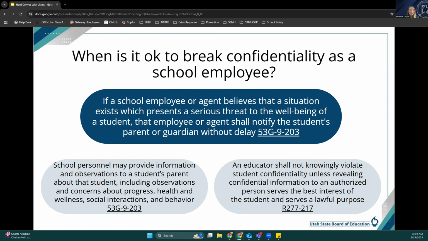In the school setting, it can be tricky to maintain confidentiality, but these laws are actually here to protect you as individuals. Just remember to follow the code of ethics, and you can be a collaborative action towards change without breaking confidentiality unless necessary. So this is where it gets a little shifty.